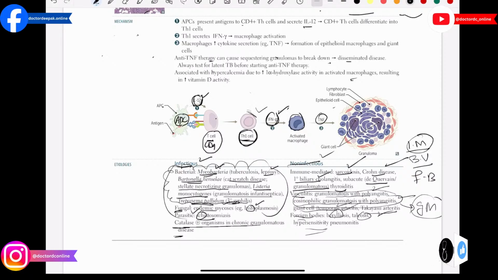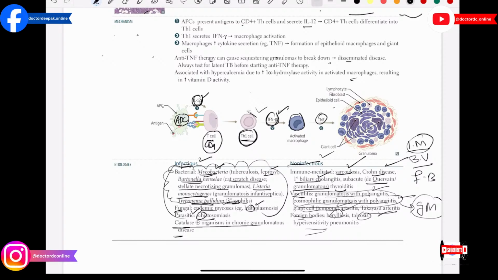So let's take a quick review of this topic again. What is granuloma? Granuloma is characterized by a collection of epithelioid histiocytes, by giant cells, and by lymphocytes. So these are the three things which make the granuloma. Then again, it is a type of chronic inflammation. It is divided into two main types, caseating and non-caseating.